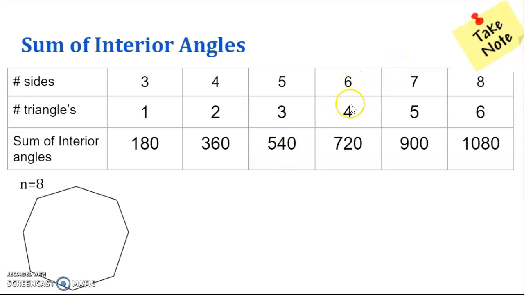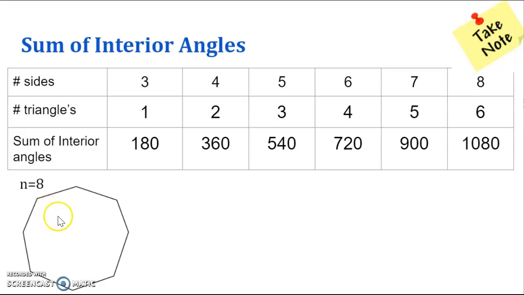And a hexagon, 6 minus 2 is 4 triangles formed internally, so 4 times 180 is 720. And a 7-sided polygon, heptagon or septagon, depending on the textbook, is going to form 5 triangles inside. Therefore 5 times 180 is 900, and then so on.